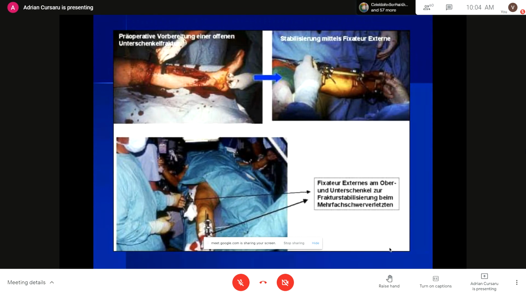Because of the contamination. At the accident site, it is not a sterile place, and it is very important where the wound is made. If you are making an incision in the operating room, it is a big difference from when the patient has a wound post-traumatically in a car accident.